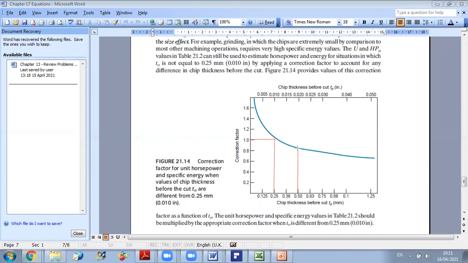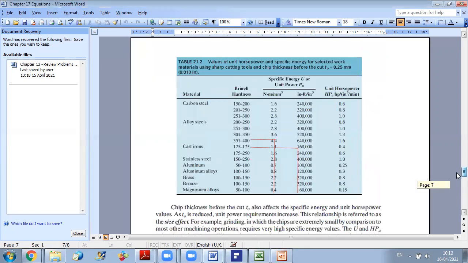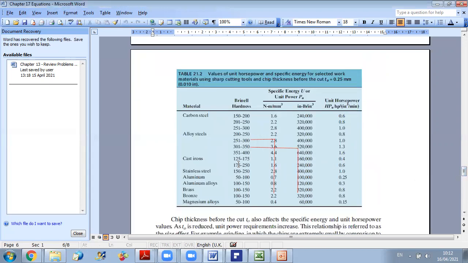Let's say here in my graph, it's nearly 0.85, for example, in case you have T0 equals 0.5. So you say the correction factor is 0.85. When I go to the table, let's say I told you I am using cast iron of hardness 150.